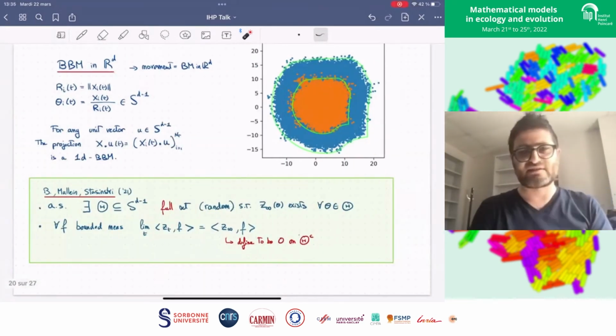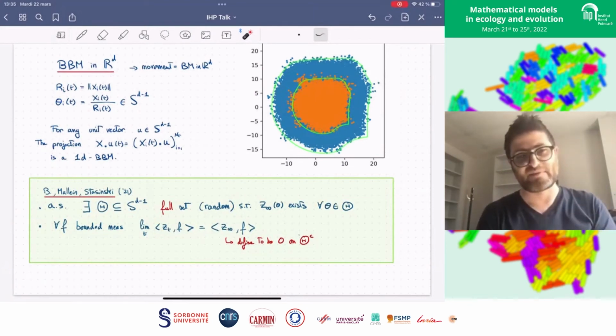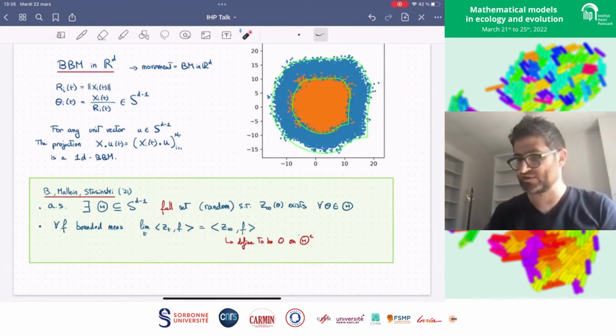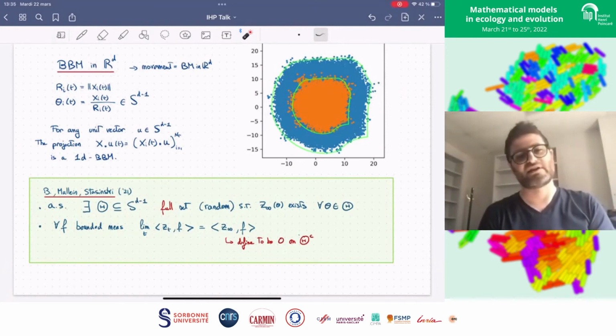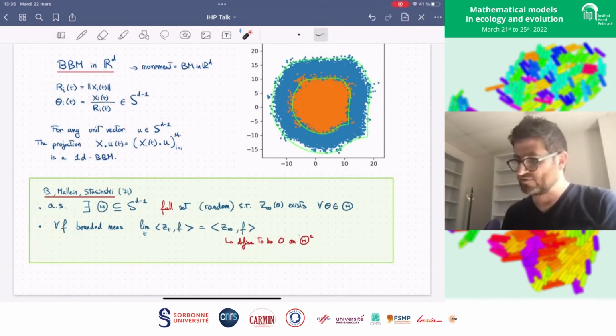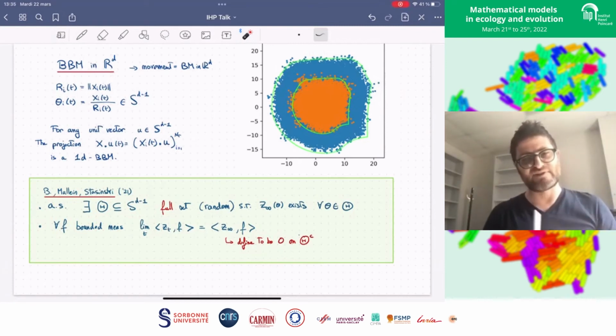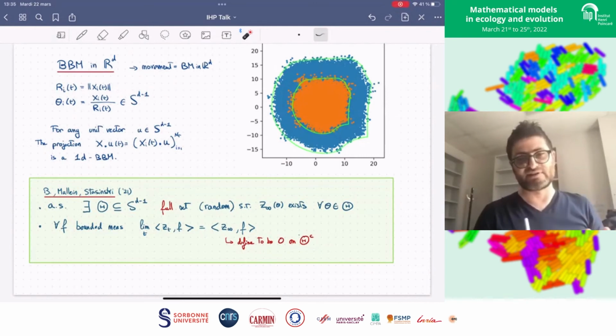So that was exactly our objective in the paper that we wrote with Bastien Mallein and Roman Stasinski. And what we proved there is that yes, you cannot define that infinity. You cannot define the limit of the derivative martingale in all directions theta simultaneously, but you can find a random set of full measure in which Z infinity theta exists almost surely for all theta in this set.